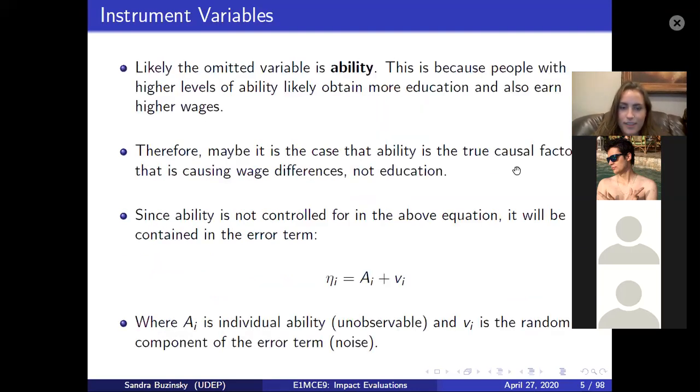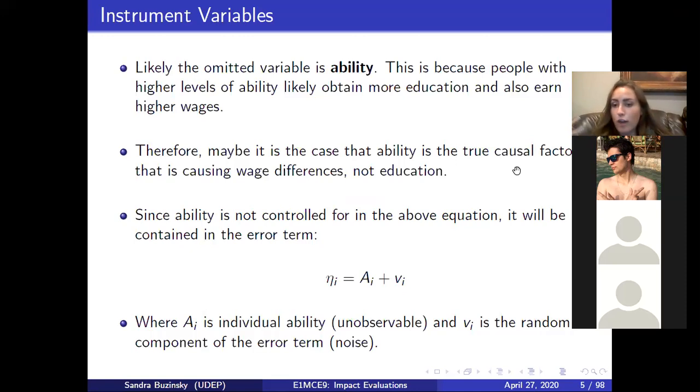So obviously there are other omitted variables, but the one that is unobservable is ability. This is because people with higher levels of ability are likely to not only obtain more education, but also be able to earn higher wages just because they can work more efficiently and be more productive.